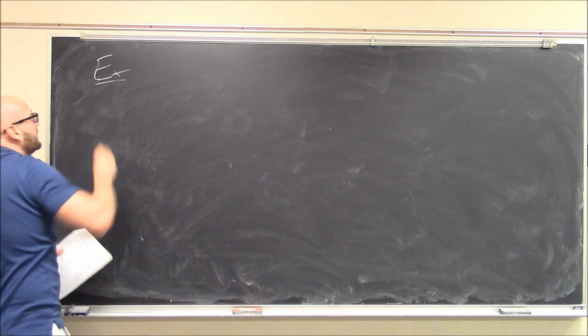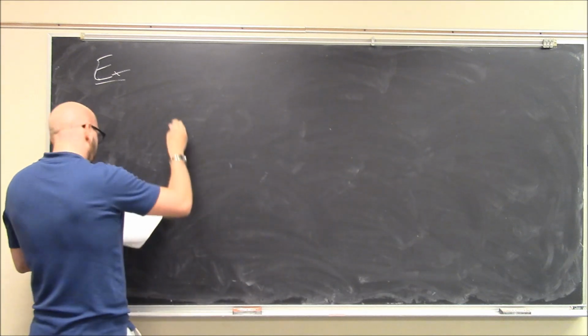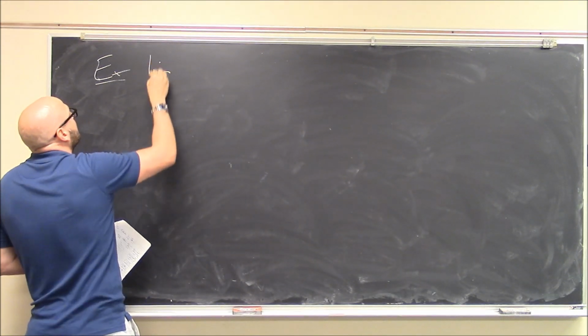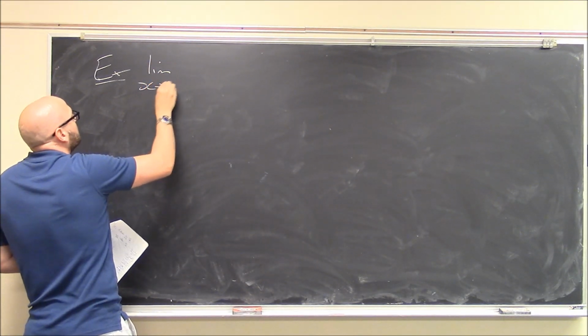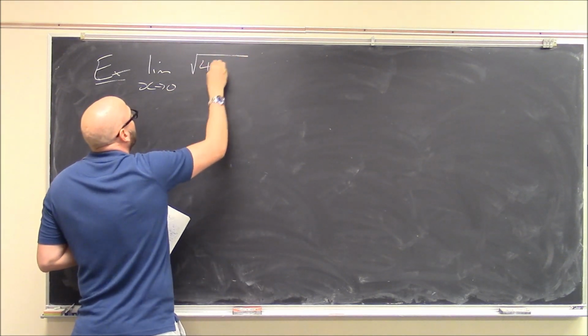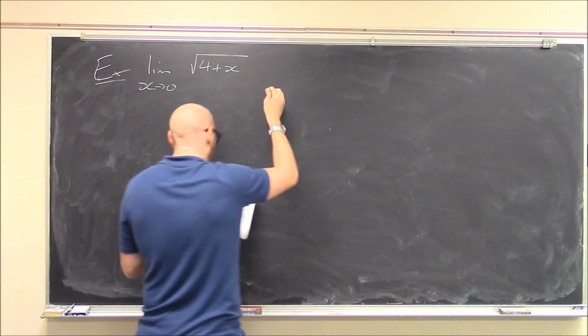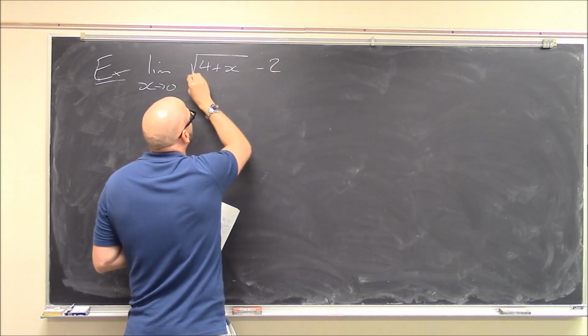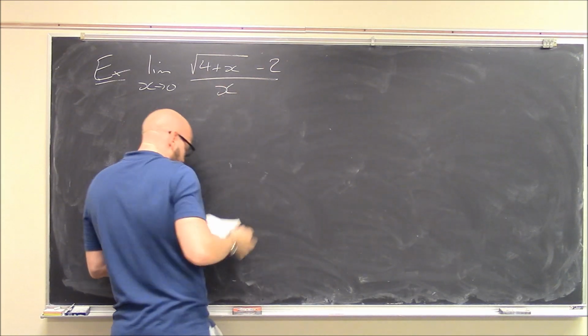Alright, I'm going to do one that's a little bit trickier. Just one more. It's the limit as x goes to 0 of the square root of 4 plus x minus 2, over x.